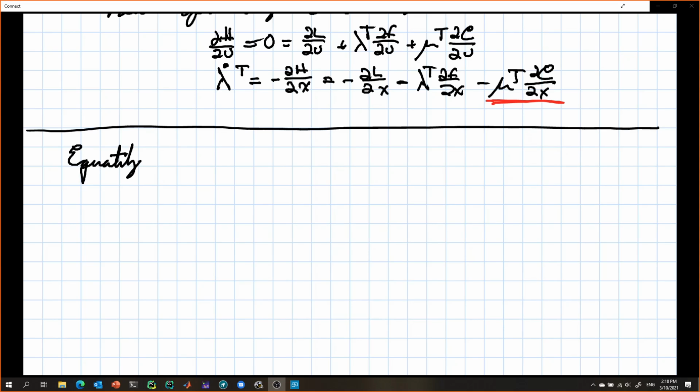So we have a class of constraints of functions of state variables.